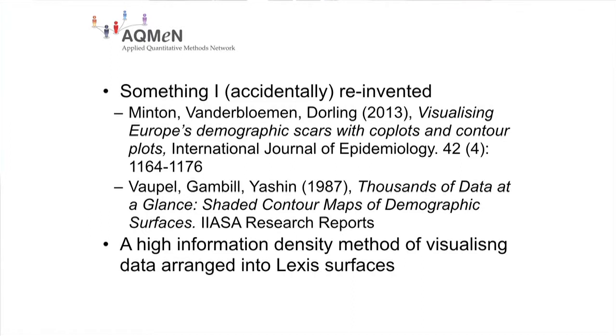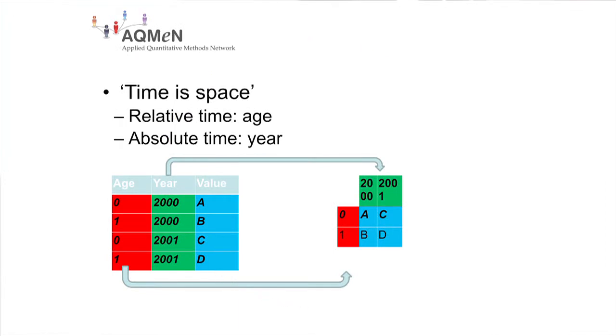Let's see. So it's a high information density method of visualizing data arranged into Lexis surfaces, which raises the question, what are Lexis surfaces? The basic idea is, if you have a time series graph, you're applying the metaphor of time is space. So left is older years, right is newer years, and then you've got an amount that goes up and down at different points throughout that time period. This is using one axis as year and the other axis as age.